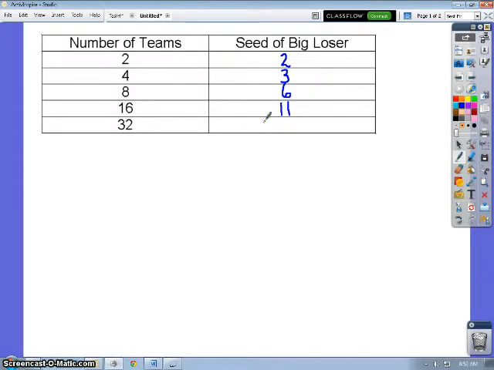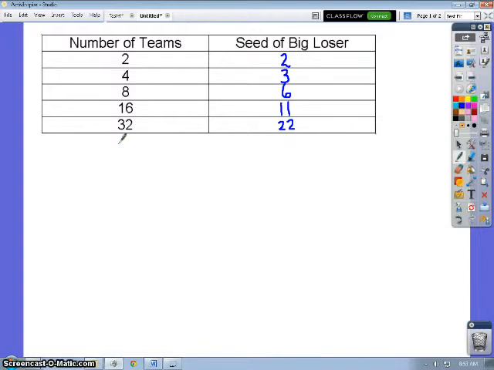And I saw that in a situation like that, the seed of the big loser is actually going to end up being 22. Now, we could go on, but you can see that if we were actually trying to diagram out a 64-team tournament or a 128-team tournament, it would be pretty tedious business to figure out what the seed of the big loser was going to be.